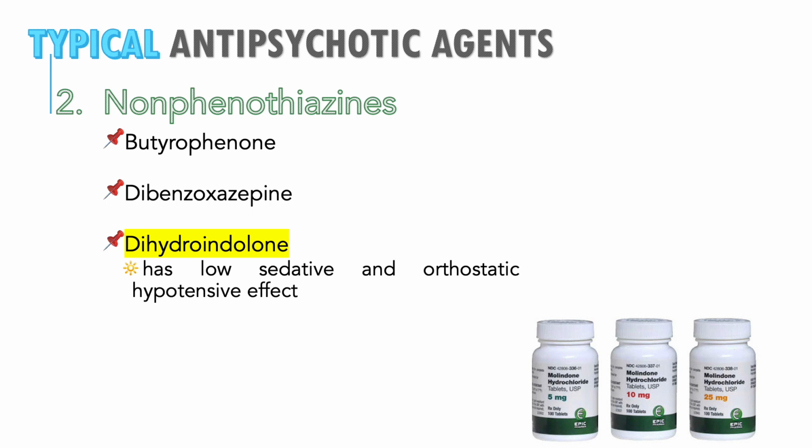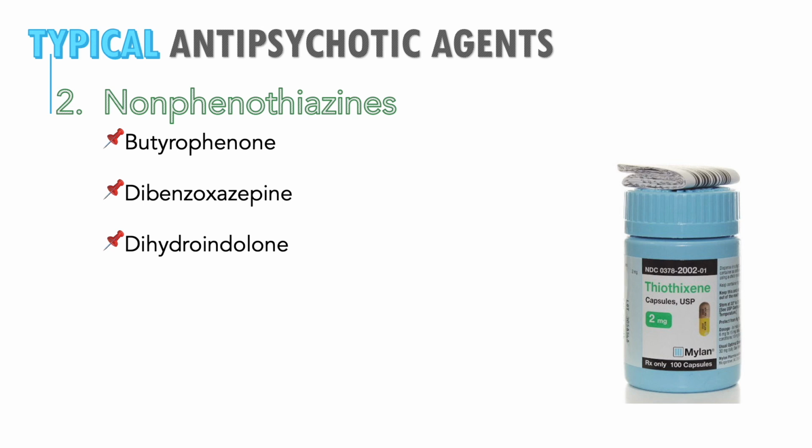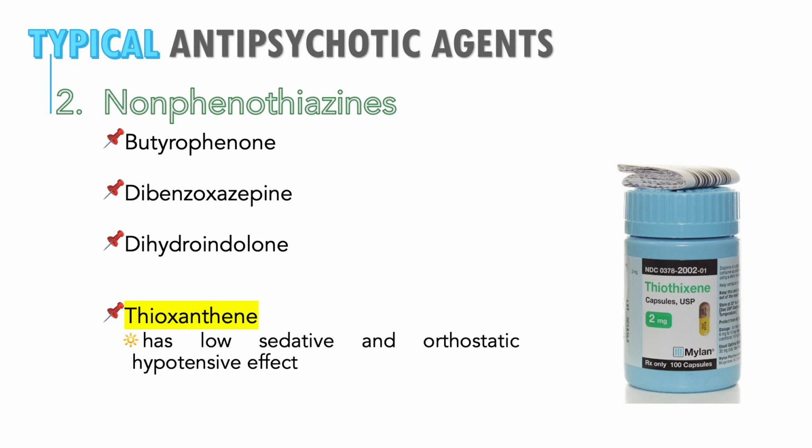An example of this classification is molindone. Lastly, the thioxanthine. This classification produces low sedative and orthostatic hypotensive effect. An example of this classification is thiothixene.